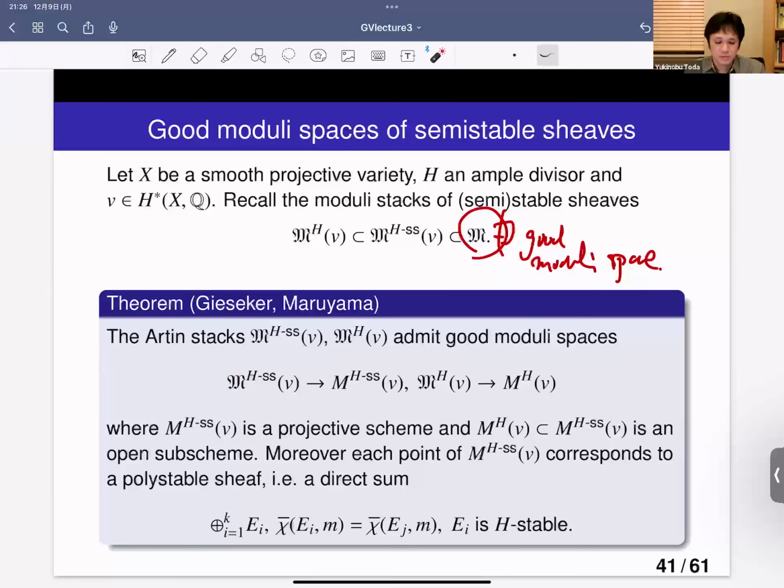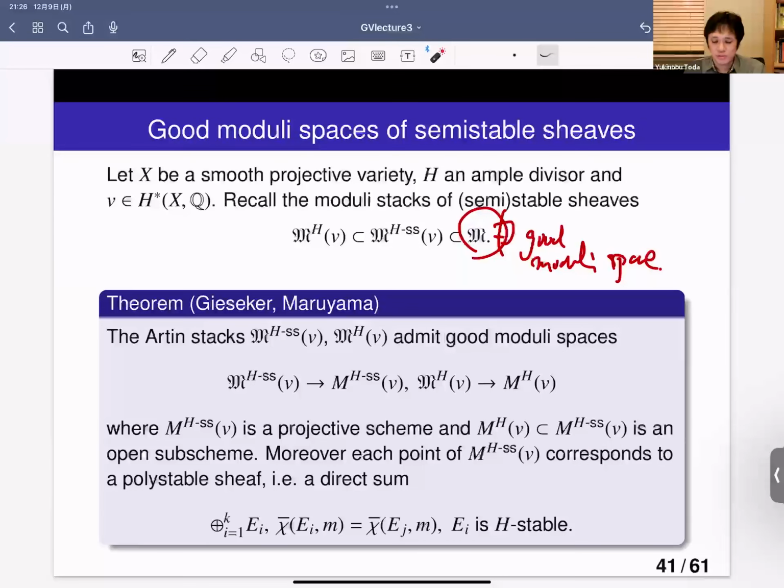And from the main result of GIT, this is in fact a projective scheme, and the stable part is an open subscheme. So this is projective and this is open.